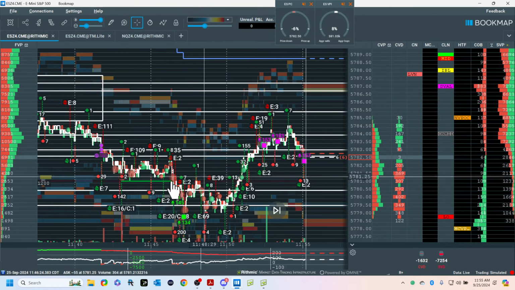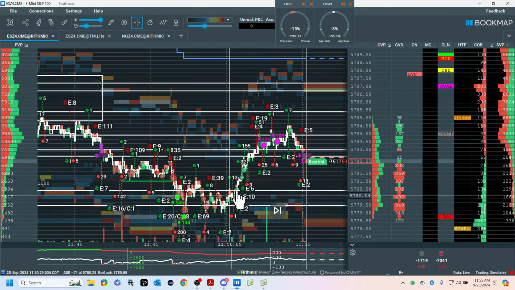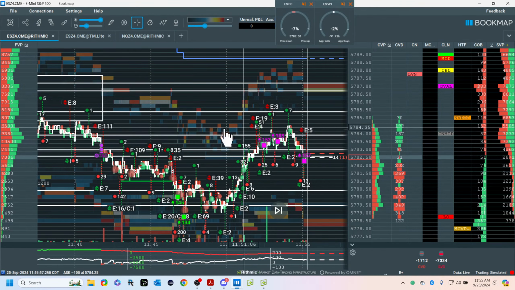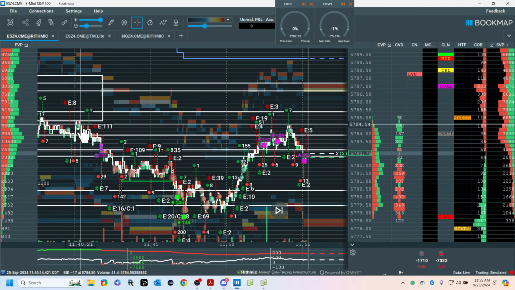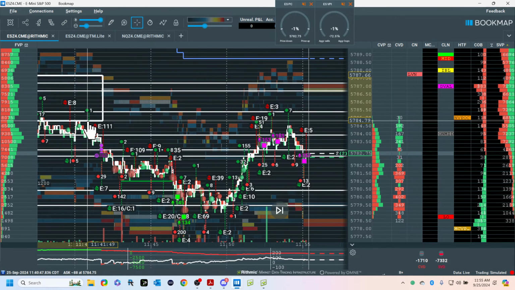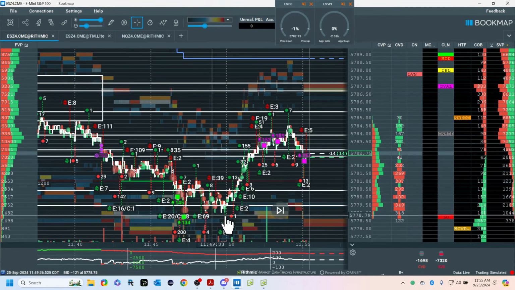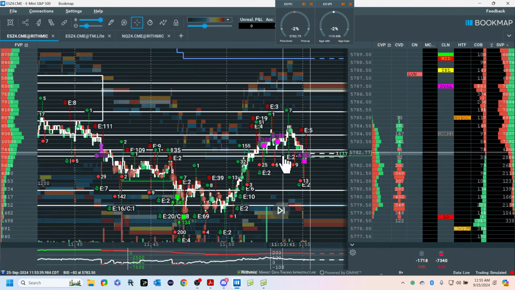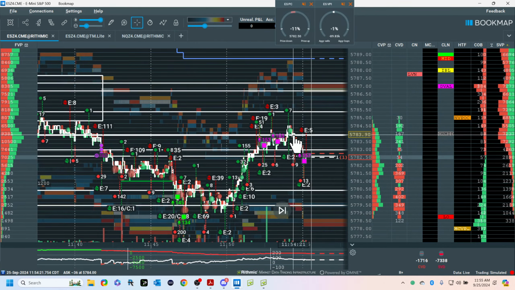Here, now look at the difference in the behavior. Buyers are here. The sellers are here. We test. Remember, my sellers were active up here. Now, I'm not a scalper, so I'd just be done with the trade. I don't care about it. But if you're trading this range, and it's not for me to make recommendations, but I am going to make one.